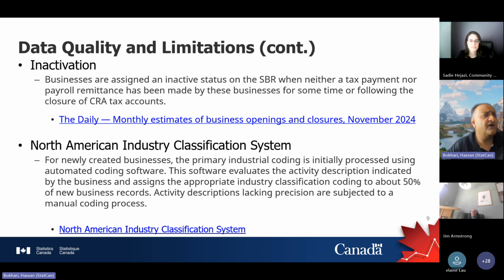This software evaluates the activity description indicated by the businesses and assigns the appropriate industry classification coding to about 50% of the new business records. Activity descriptions lacking precision are then subjected to a manual coding process. So we really spend time to make sure that we have the highest quality possible.